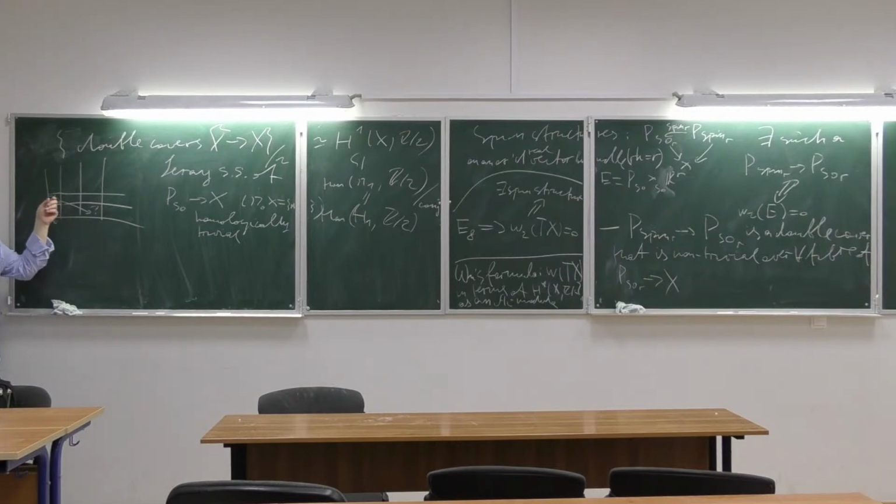So the E2 page is simply the cohomology of the base with coefficients in the constant cohomology of the fiber. And we have only one element of H1 of SO, which is not trivial.